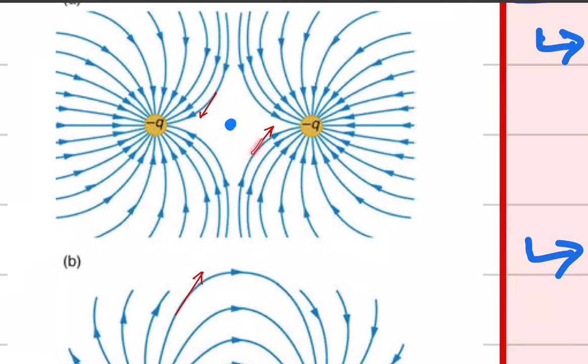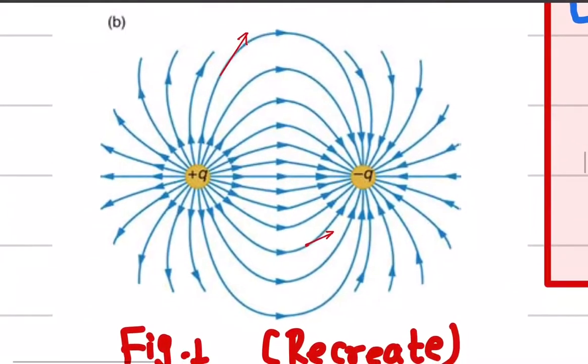Or it also tells you the direction of the force. If you have a test positive charge, the particle will move in this direction. Or at this point, it will move in this direction. And if you have the test positive charge here, then the direction of the force will be along this direction. Or this gives you the direction of the electric field.